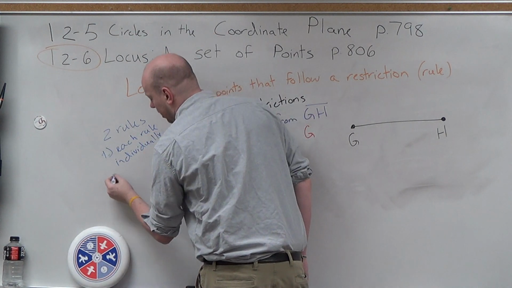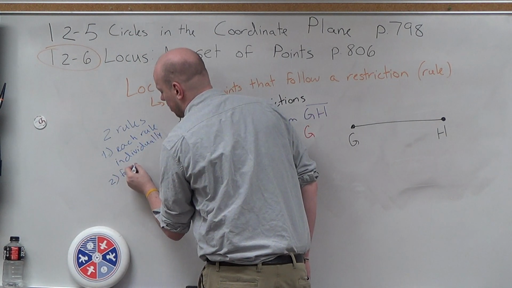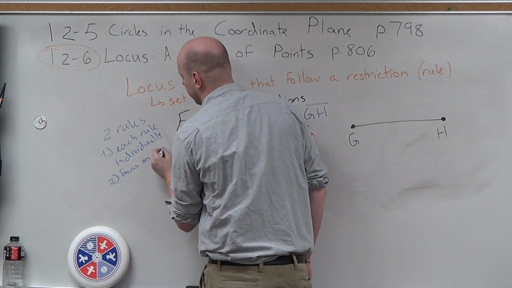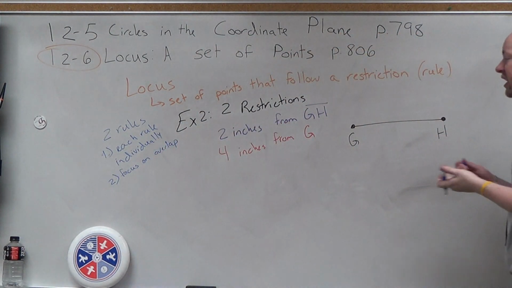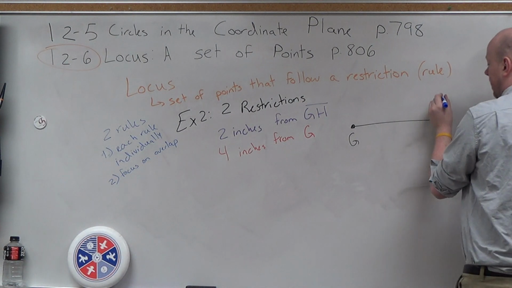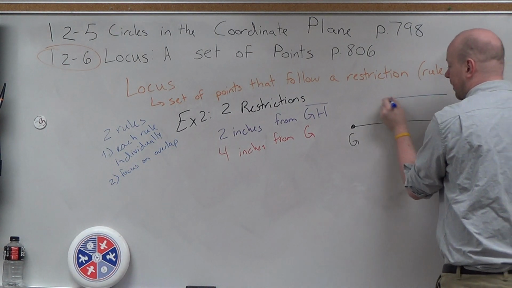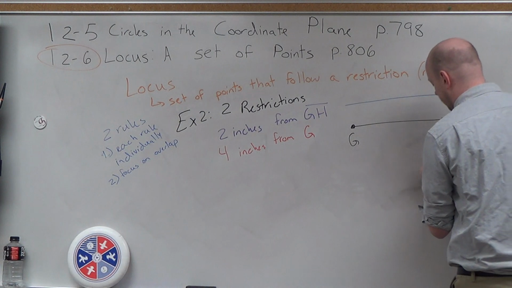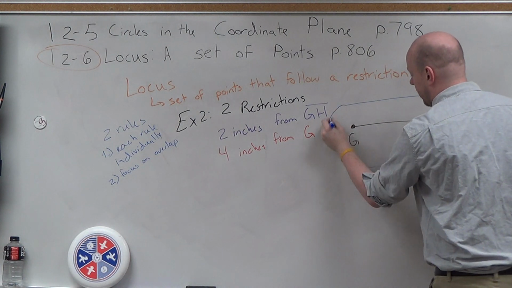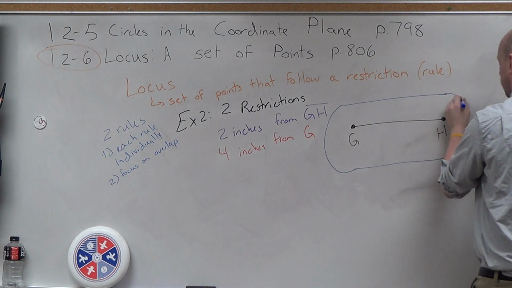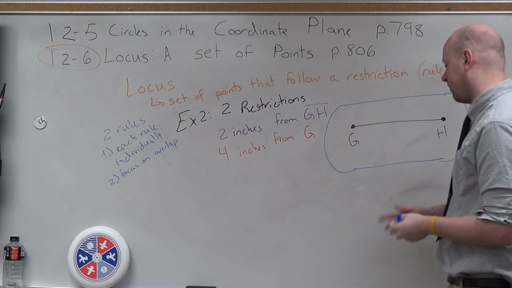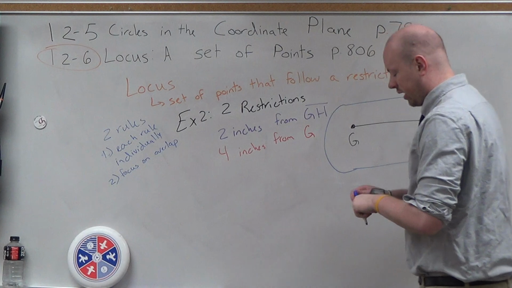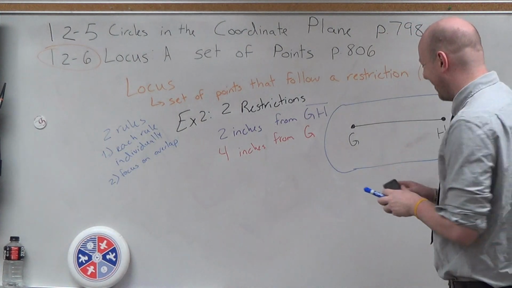And then we focus on the overlap. So, first I need to do 2 inches from GH, which as we said, if I buffed it on a ruler, it would look something like this, where my segment would just be 2 inches away, and then it would do something like that. Okay, that would be 2 inches from GH. I'm going to make that in purple. I color coded it and then I didn't use the color code.